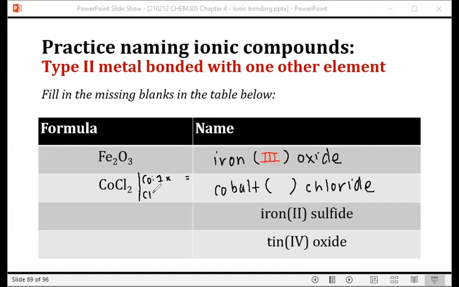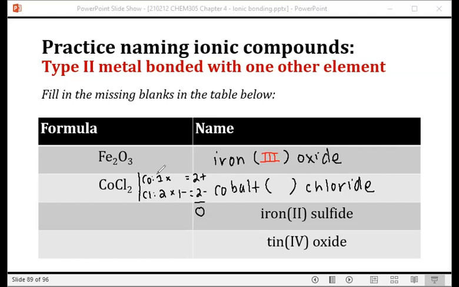And for chlorine, we have 2 atoms of chlorine times each chloride, when it forms an ion, has a charge of -1. So the total charge from the chlorides is -2. That means that the total charge contribution from the cobalt has to be 2+ altogether so that they add up to 0.